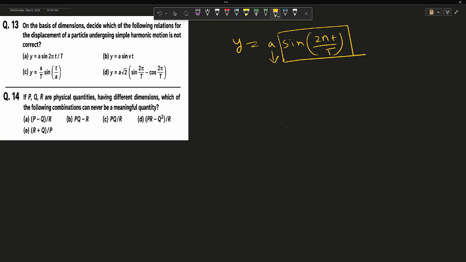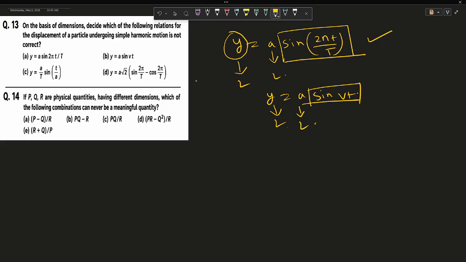Then a is amplitude, so it has the dimension of distance or displacement. So this one is correct, because y is also displacement, so it is length, and this is also length. Next option: y equals a sin of omega t, the sine function has no dimension, then it is also length, so this one is also correct.